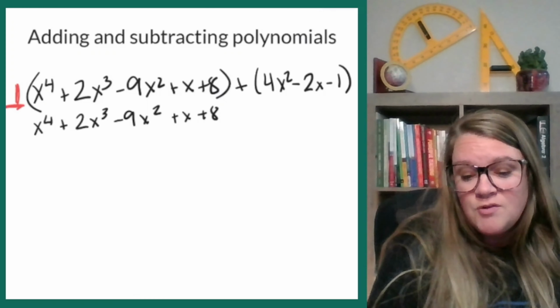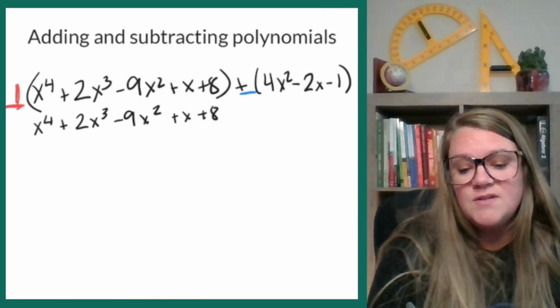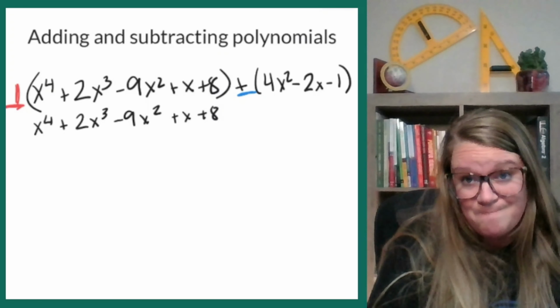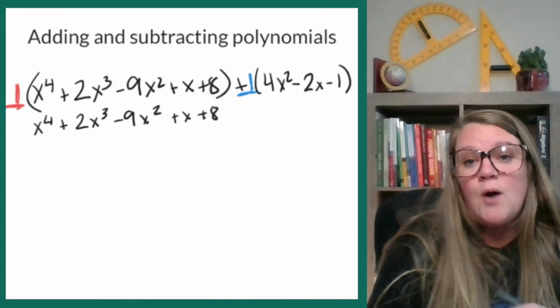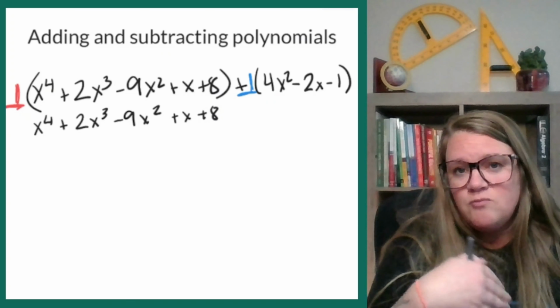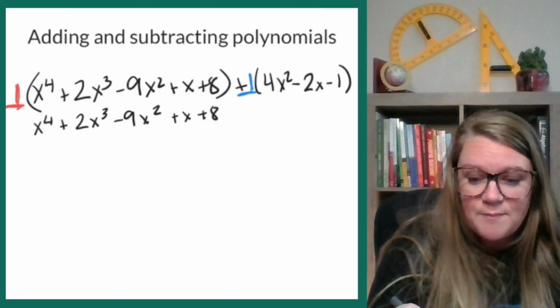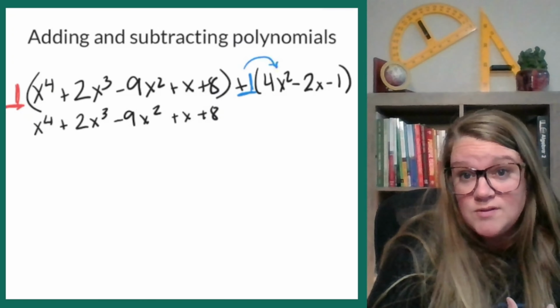And if we think along those same lines for this second one, is there something in front of this to distribute? We have a plus sign. And if we wanted to, just like we said before, we could put a little 1 right here and distribute a positive 1. But again, multiplying by positive 1 doesn't change that. So for example, positive 1 times 4x squared is just 4x squared still.